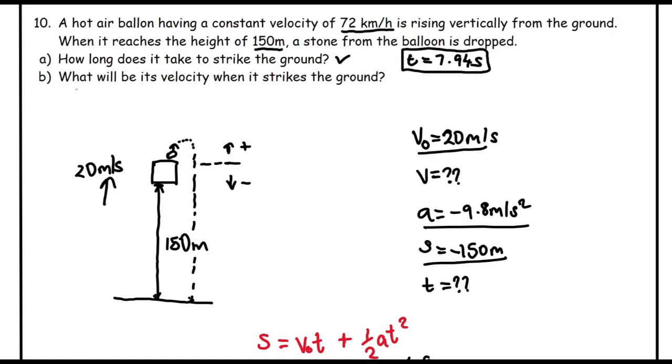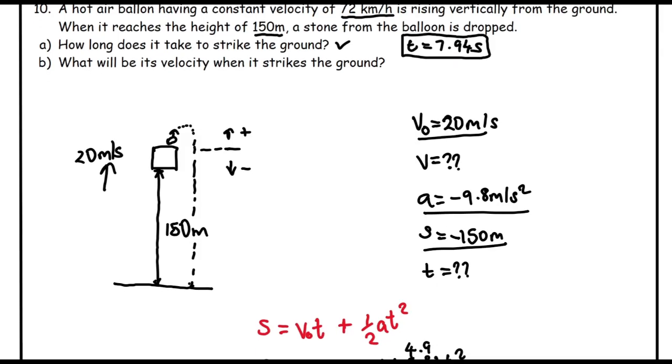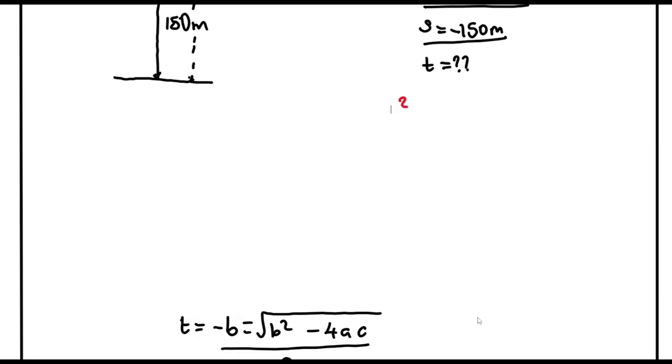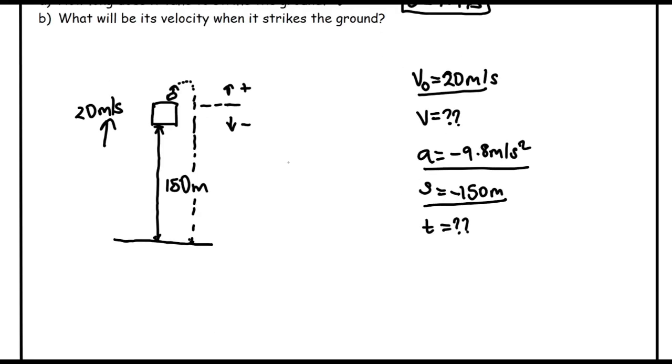The next question is asking us what will be its velocity when it strikes the ground. So the velocity when it strikes the ground, we have, now that we have time, t equals 7.94.